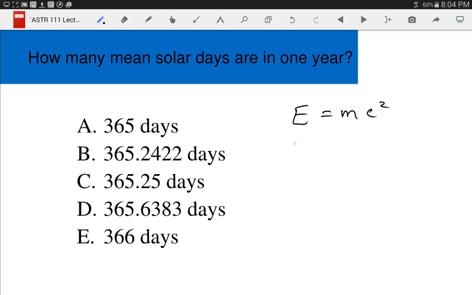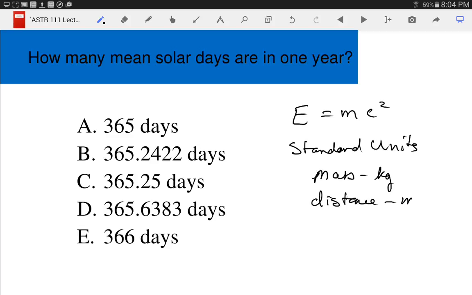And so the standard units are what we need to use in the problem. So for mass, our standard unit is kilograms. And for distance, the standard unit is meters. And for time, the standard unit is seconds.